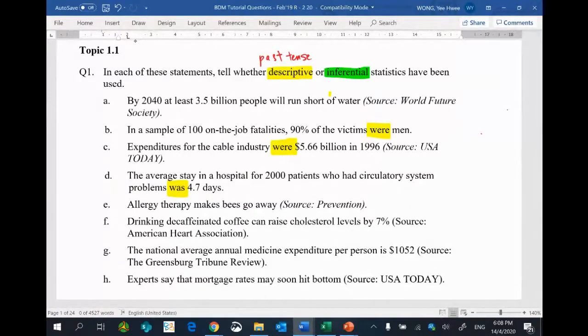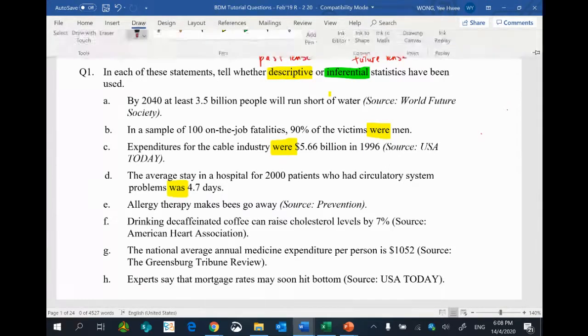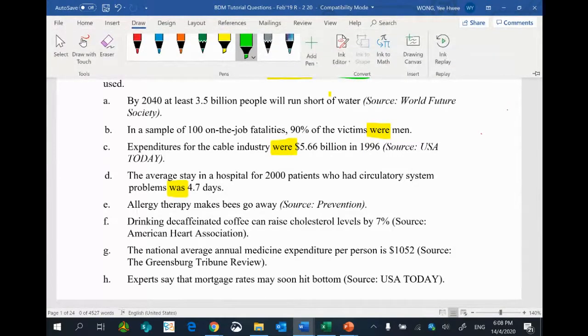And you would see, I may say, future tense. What is future? Something to tell you about the future. So which of these statements has future tense?